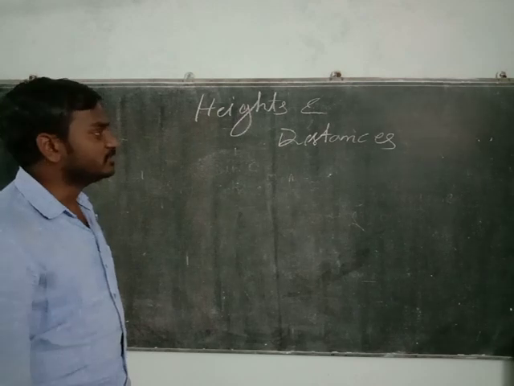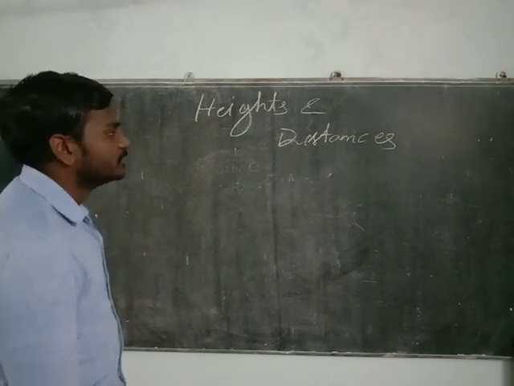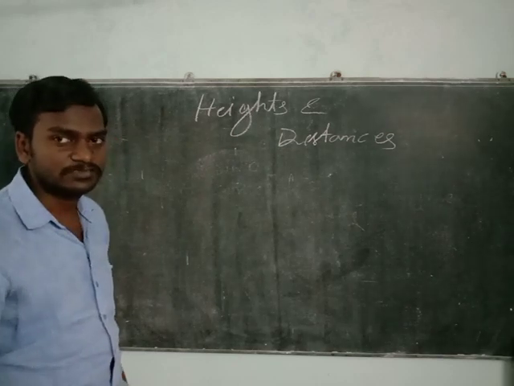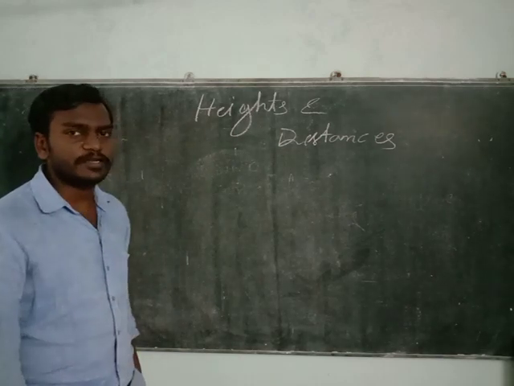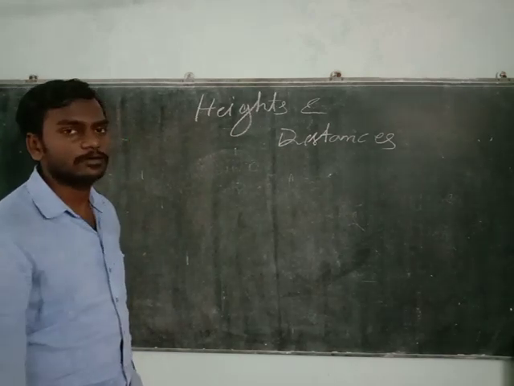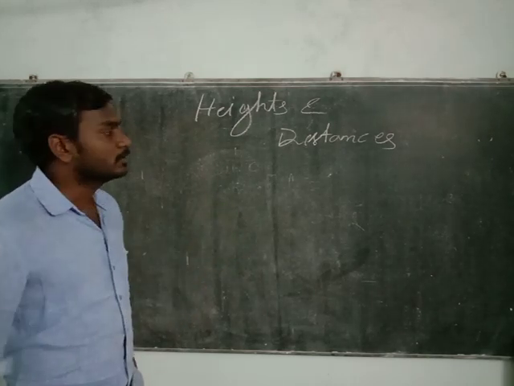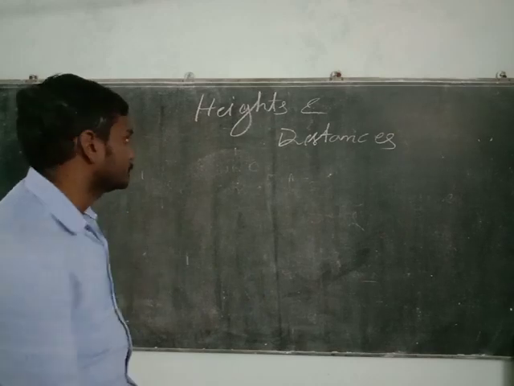During your 10th class, you will learn it as applications of trigonometry, and during your intermediate, you will learn it as heights and distances. And even if you are going for any type of government examinations, aptitude and reasoning is also mainly dealing with heights and distances.